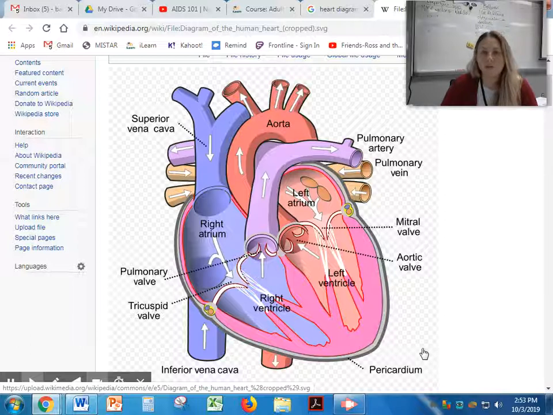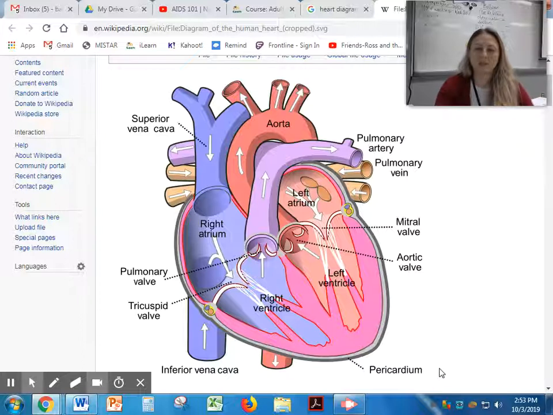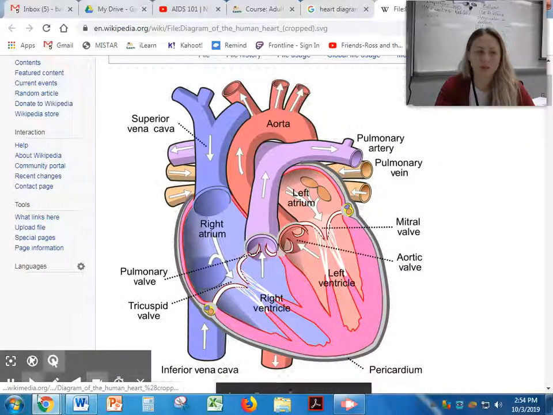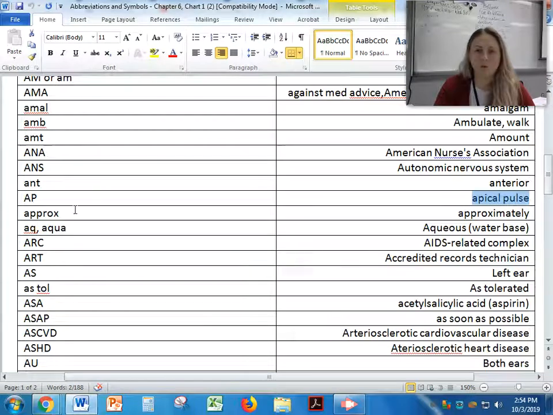You can have some margin of error when you're palpating because you have your own pulse in your own body that could potentially interfere with you feeling the pulse of somebody else's body. So an apical pulse is a very good measure of somebody's pulse or how fast their heart is beating.